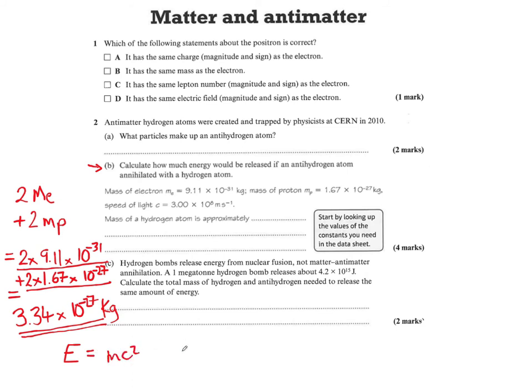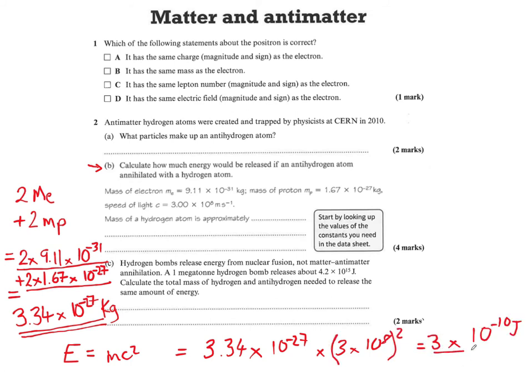So we stick in the values: 3.341822 times 10 to the -27, multiplied by the speed of light, 3 times 10 to the power 8, all squared.